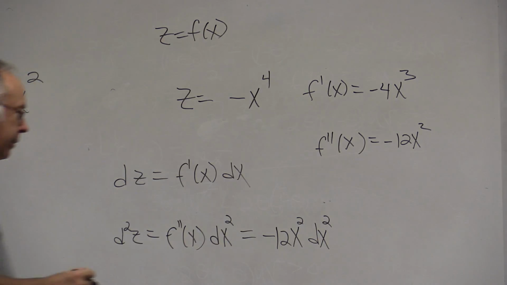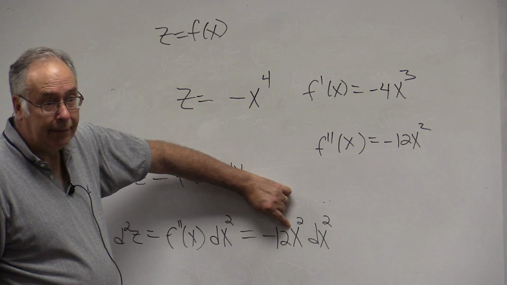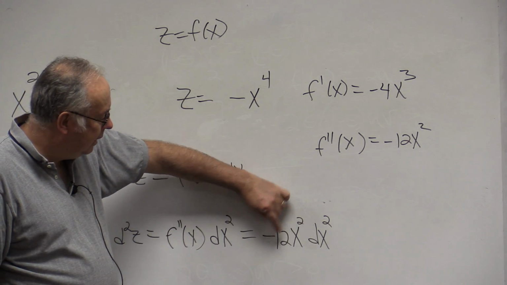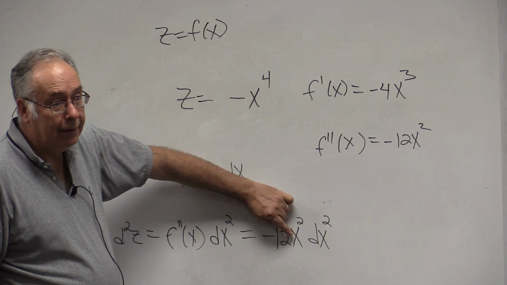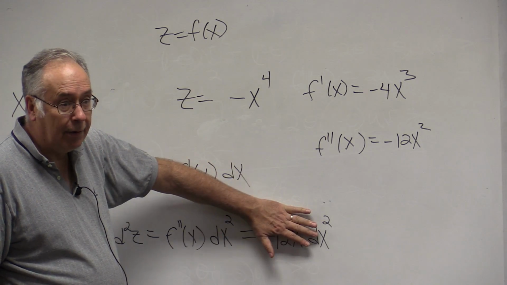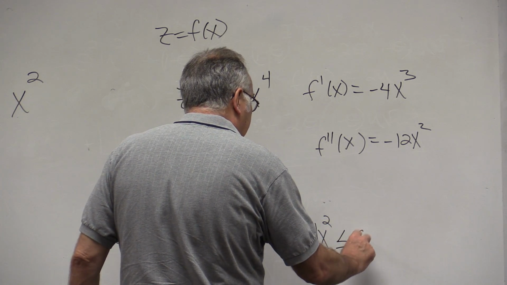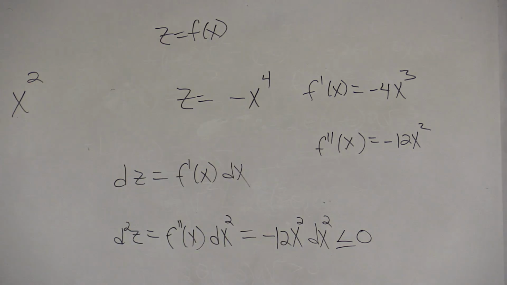Now it's clear by just looking at this. Notice x squared, let's assume x is not 0. Then this term here is always going to be negative. Now maybe x is 0, in which case this is 0. But in any case, it's obvious, just looking at this, this is always less than or equal to 0.